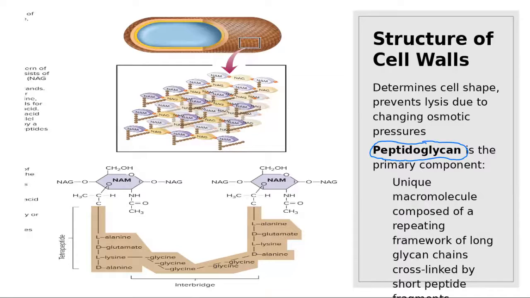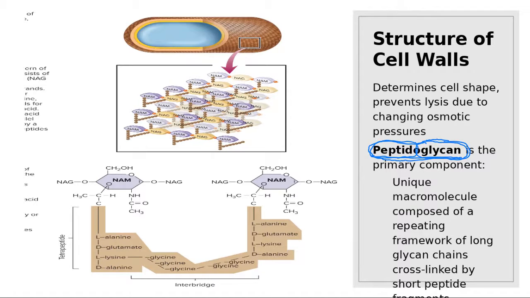The cell wall of bacteria is made of peptidoglycan. From the name, we should be able to guess that this molecule consists of peptide, which is protein or amino acid, and glycan, which is glucose or carbohydrate.